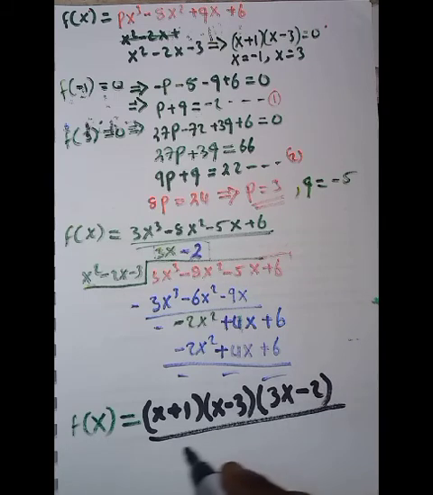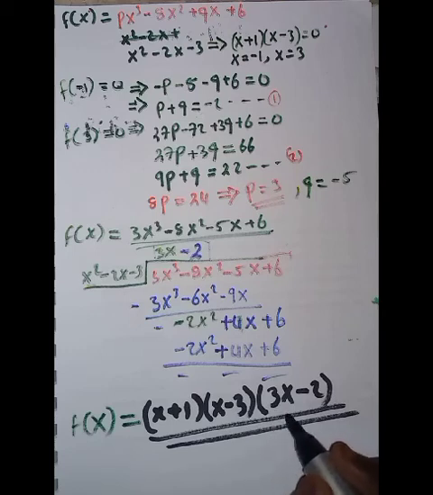So this is the factorized form of f of x. We have x plus 1 into x minus 3 into 3x minus 2.